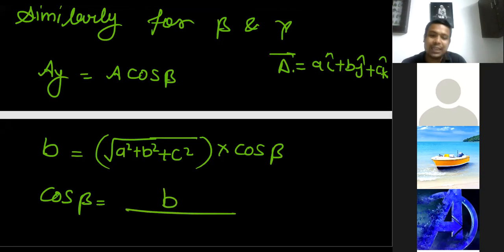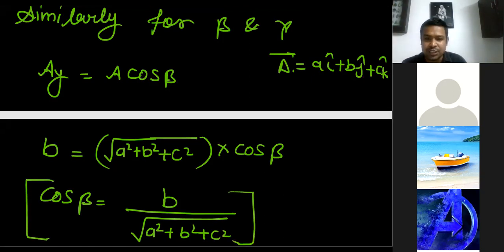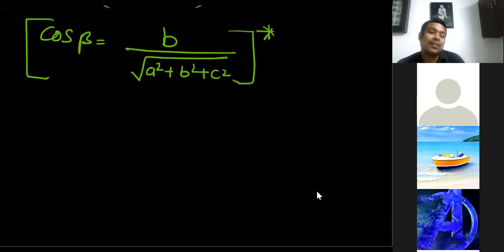B upon the square root of a square plus b square plus c square. So b is what? It is the coefficient of J cap, and the square root of a square plus b square plus c square is called the magnitude of vector A. Clear, my dear friends? Tell me.